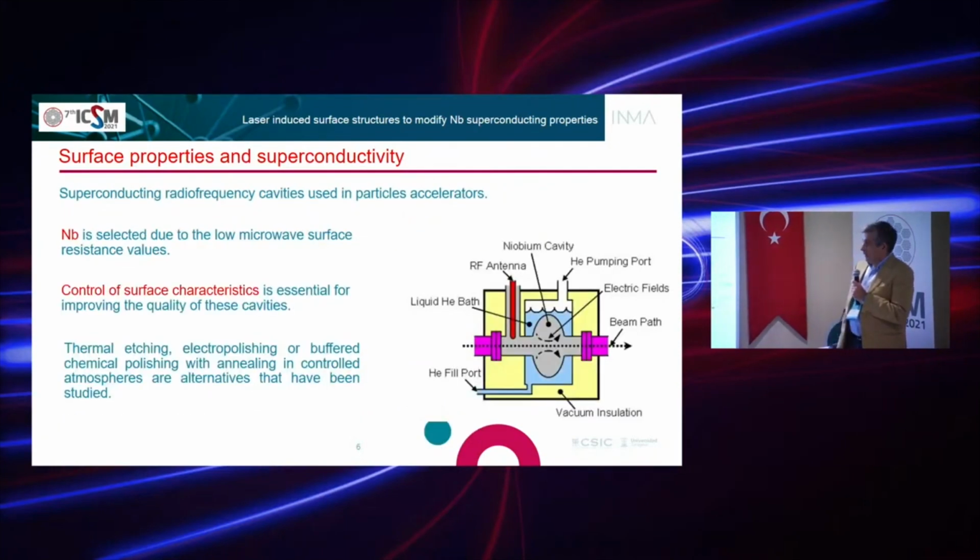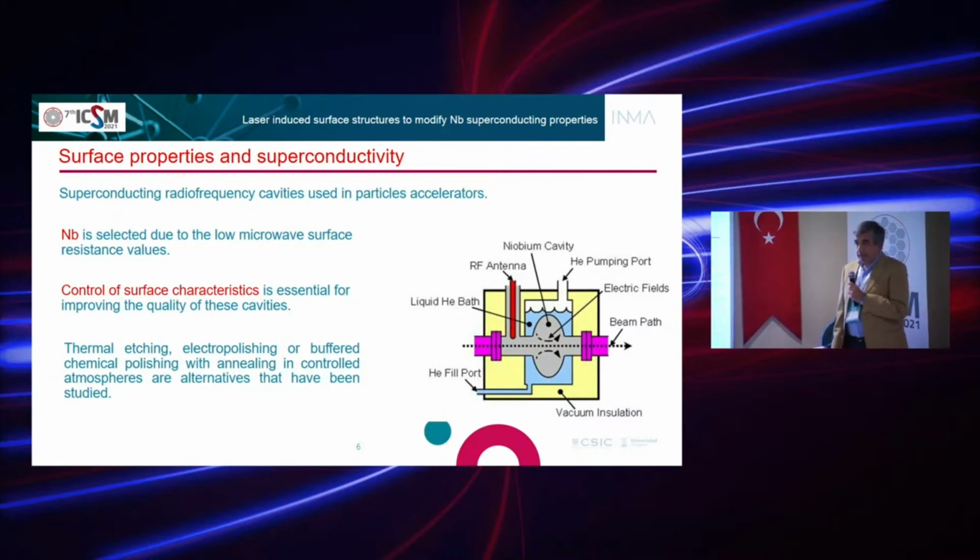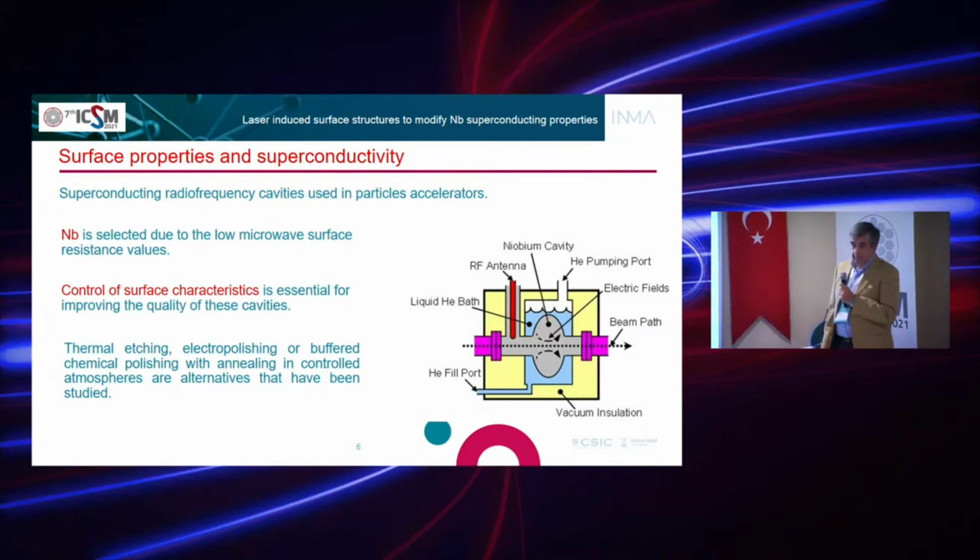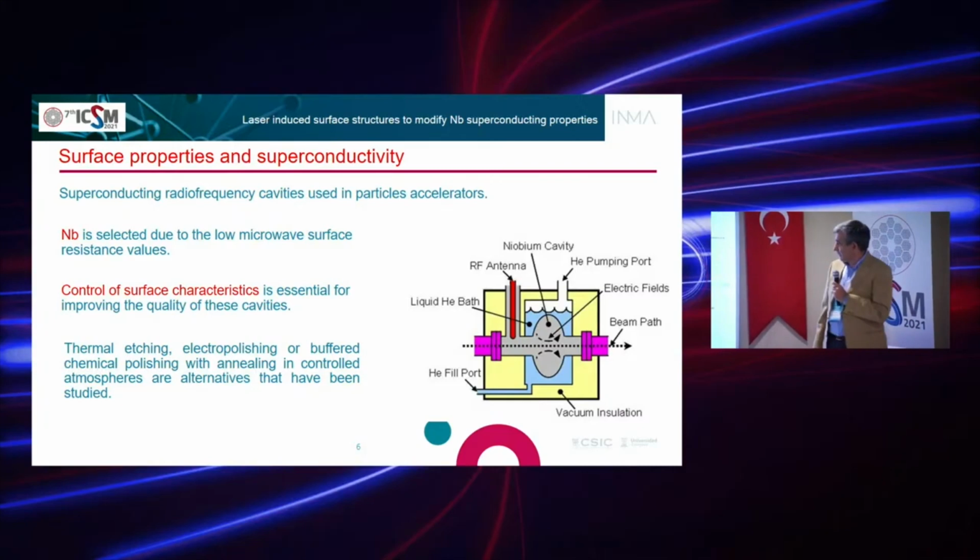This application can be used, for instance, to develop superconducting radiofrequency cavities. Niobium is one of the best options because it has very low microwave surface resistance values, but it's important to control the surface characteristics in order to develop superconducting radiofrequency cavities with high quality factors.